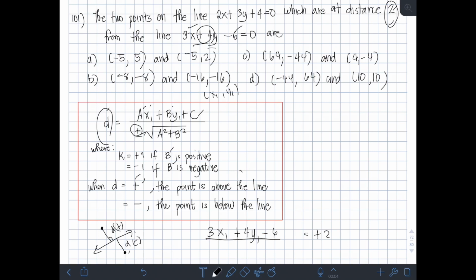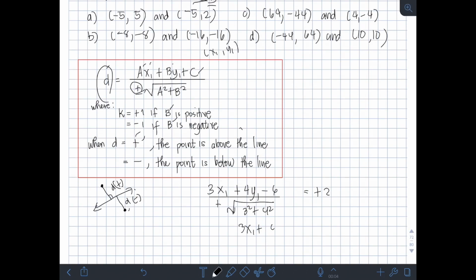Divided by positive square root of A squared, so 3 squared plus 4 squared. So, 3x sub 1 plus 4y sub 1 minus 6 over square root of 3 squared plus 4 squared? So, square root of 9 plus 16 or square root of 25 or 5 equals 2.